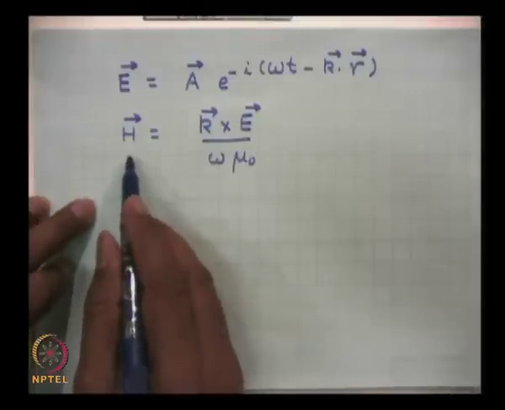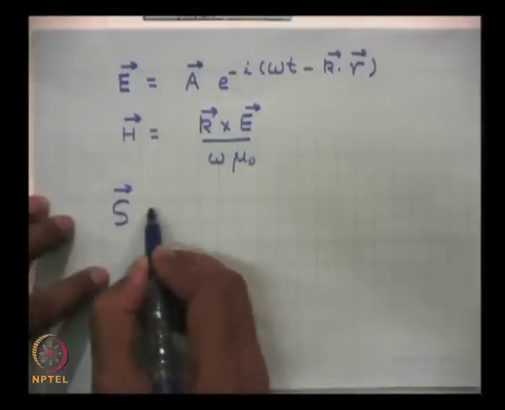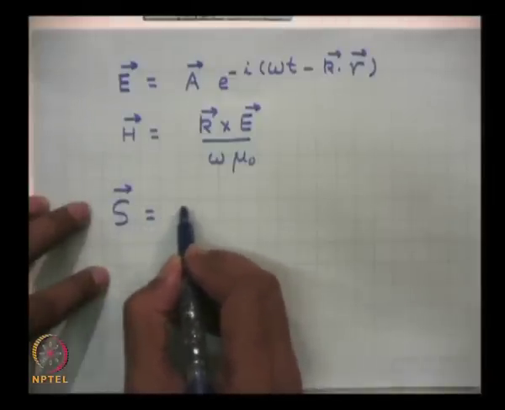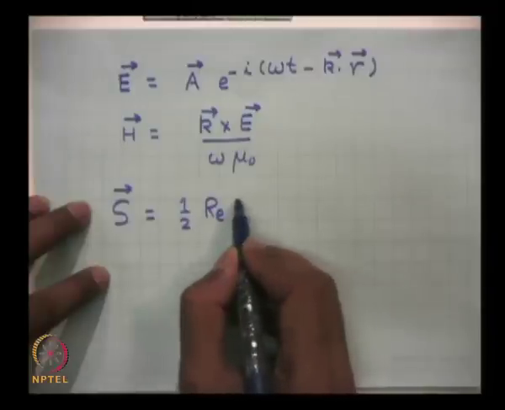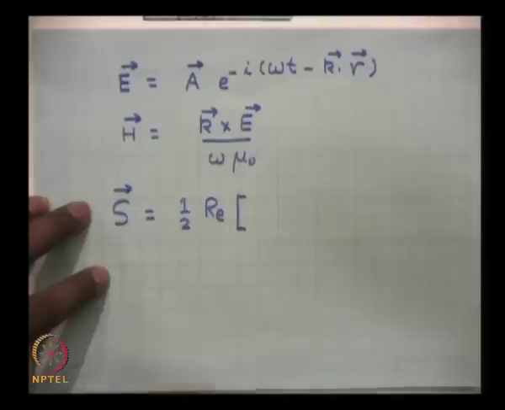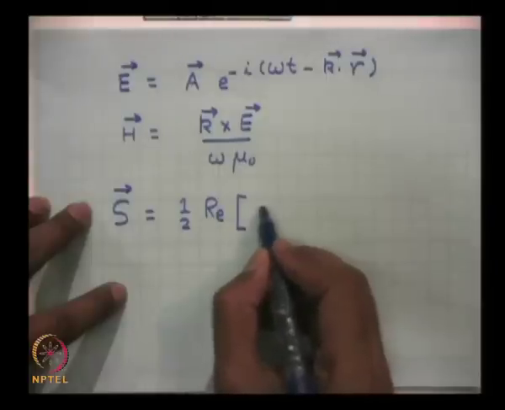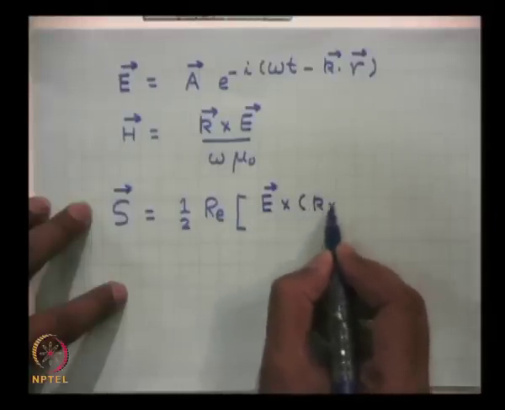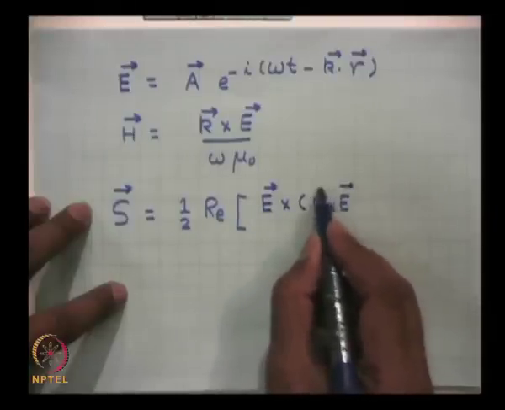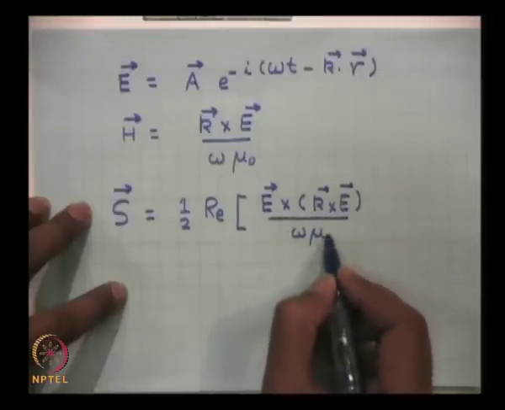So what you will see here in the Poynting vector S is equal to half real part of: the first term is E cross H, which is equal to E cross k cross E upon omega mu 0.